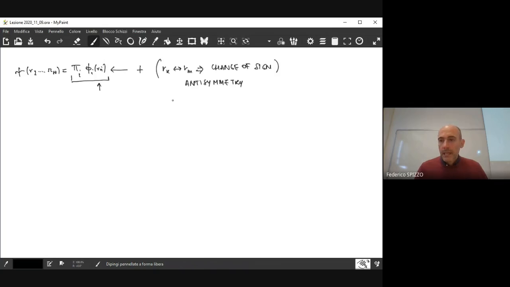And this combined approach is what is called the Hartree-Fock approach. And this approach is based on the use of the so-called Slater determinant.